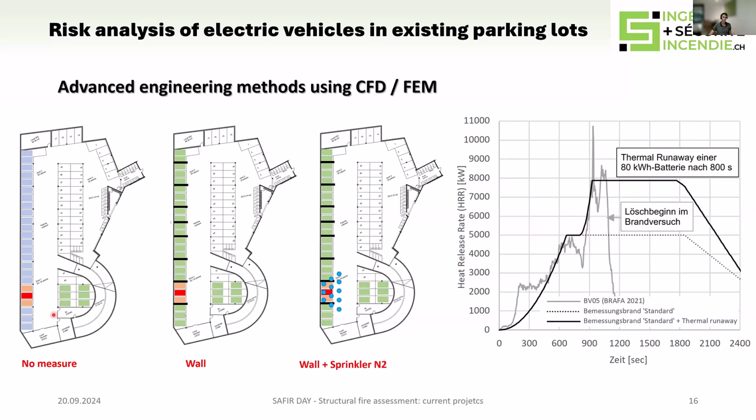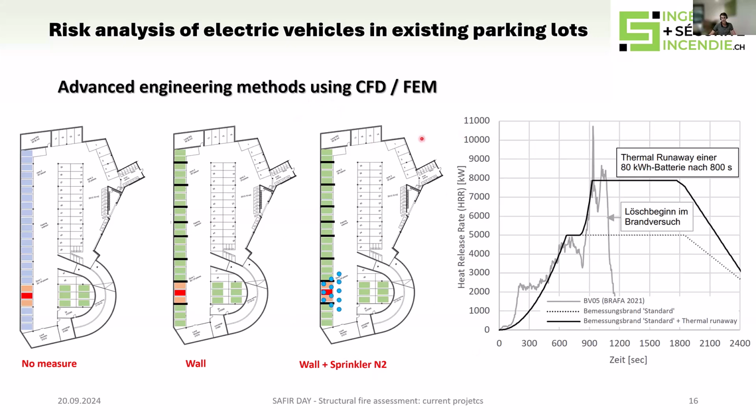So the first one on the left is the existing situation with no specific measure for that car park. The second one is the existing situation, but improved with walls every 2 or 3 parking spaces in order to contain the fire, to limit the fire spread, and also the heat release rate.